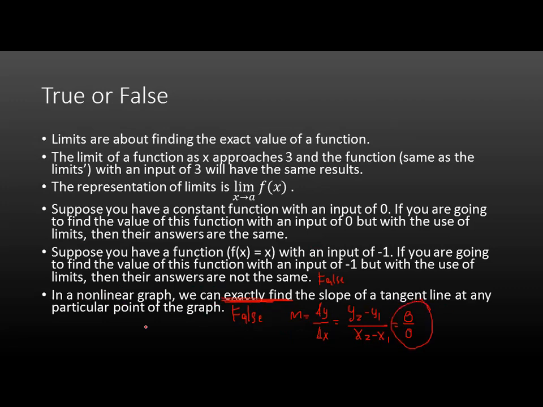Why? Because if you're going to find the slope of a tangent line, you need 2 points. But we're finding a slope of a tangent line at any particular point of the graph. So for example, this is the graph, and here is your tangent line. Imagine this is a perfect tangent line.